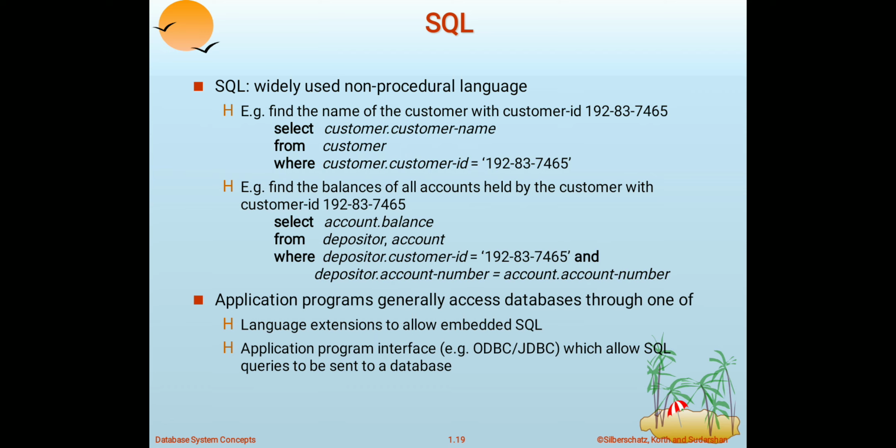Suppose here are some examples I will tell you. Find the name of the customer with the customer ID 192.883.7465. We use a command like select customer name from customer. Here customer is a table name and customer name is the field.